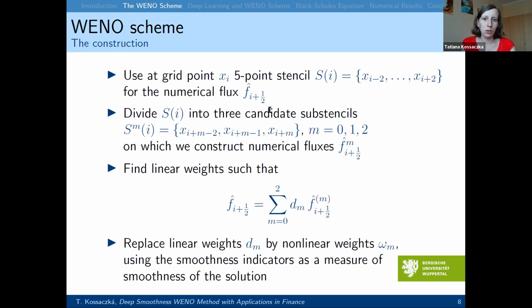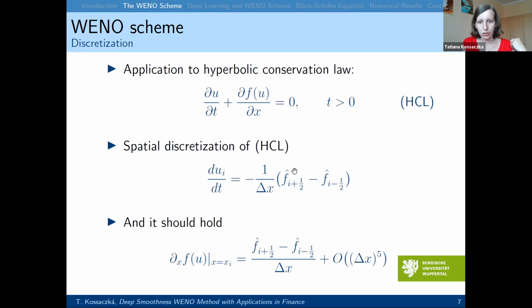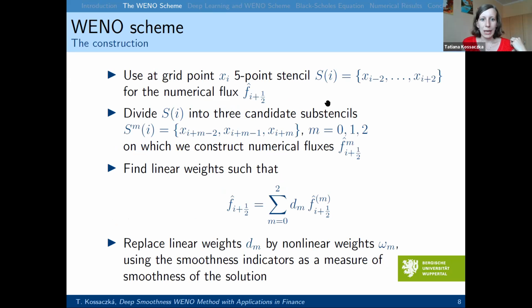As I said, it's a high order method, so we have to use a wide stencil for the approximation. For the approximation at grid point xi, we use the 5-point stencil xi minus 2 to xi plus 2. These grid points are used for the approximation of this numerical flux. This is the first part of this discretization.